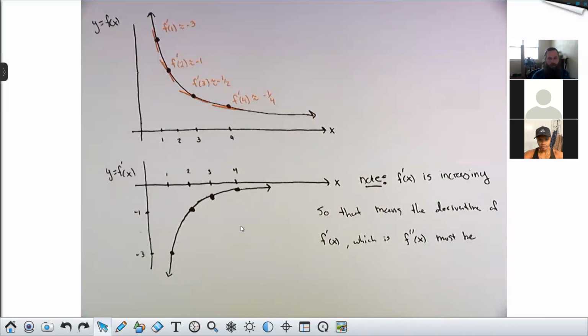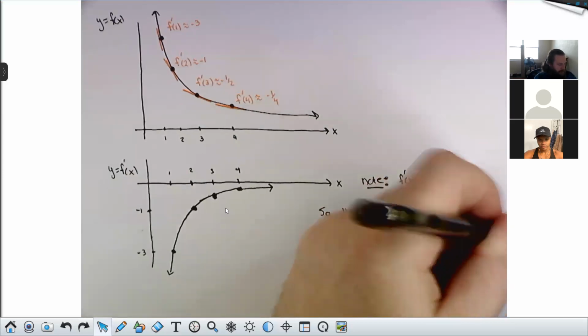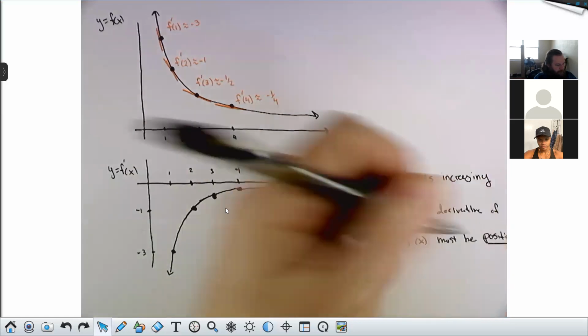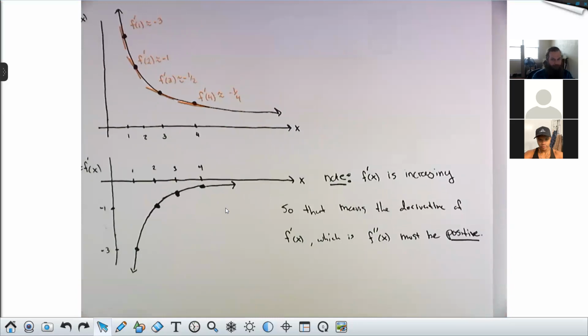The derivative of an increasing function is also increasing. Not necessarily increasing. Actually, f double prime as drawn here would itself be decreasing. But more important, it's positive. The derivative of an increasing function is positive.